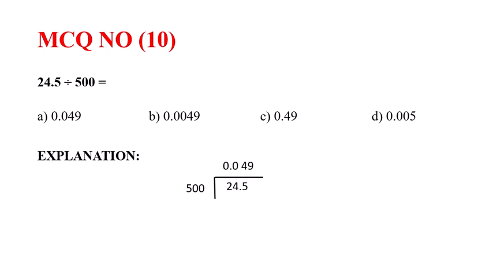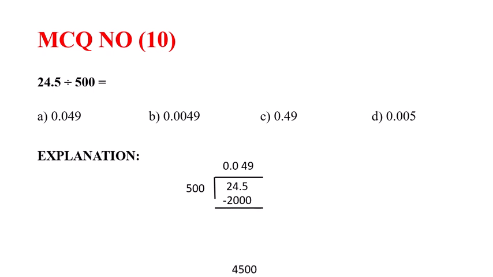So 24.5 divided with 5, first of all we shift this point on this side, we put 0.0 and this will be equal to 245. This is less than 500, so put another 0 here. After putting these two 0, we multiply with 4 multiply with 500, we get 2000.